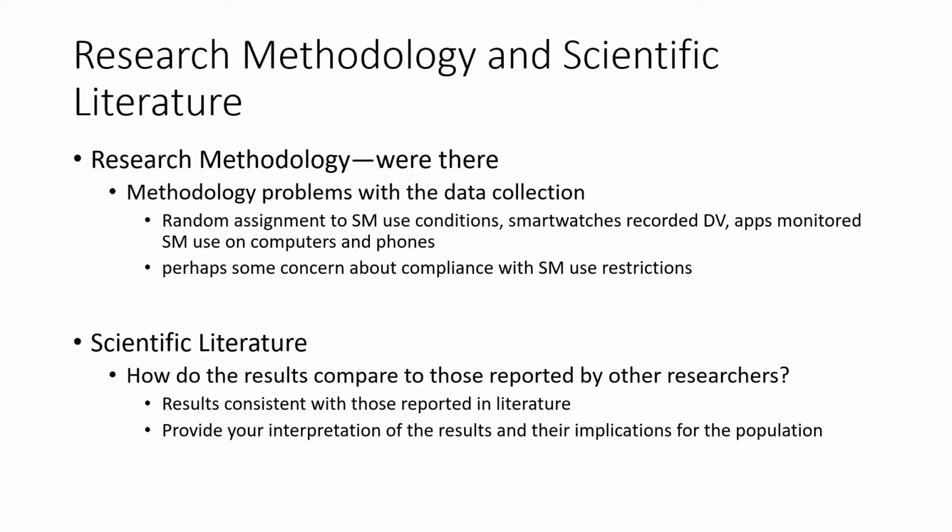As always, we need to consider the research methodology. Were there any problems with the study that we need to consider? Well, again, this study had a lot of good characteristics. We randomly assigned people to conditions, so we actually did an experiment. We had good measurement of the dependent variable by using smartwatches.